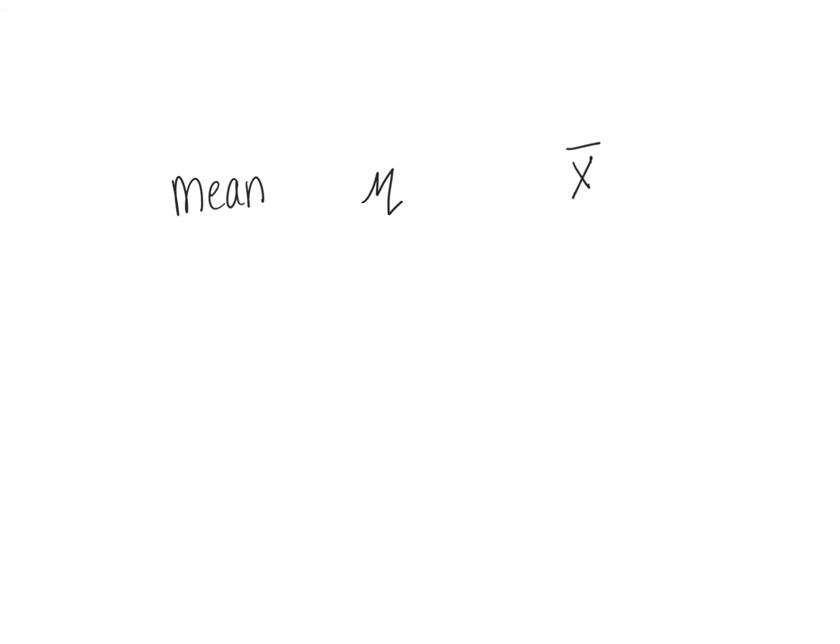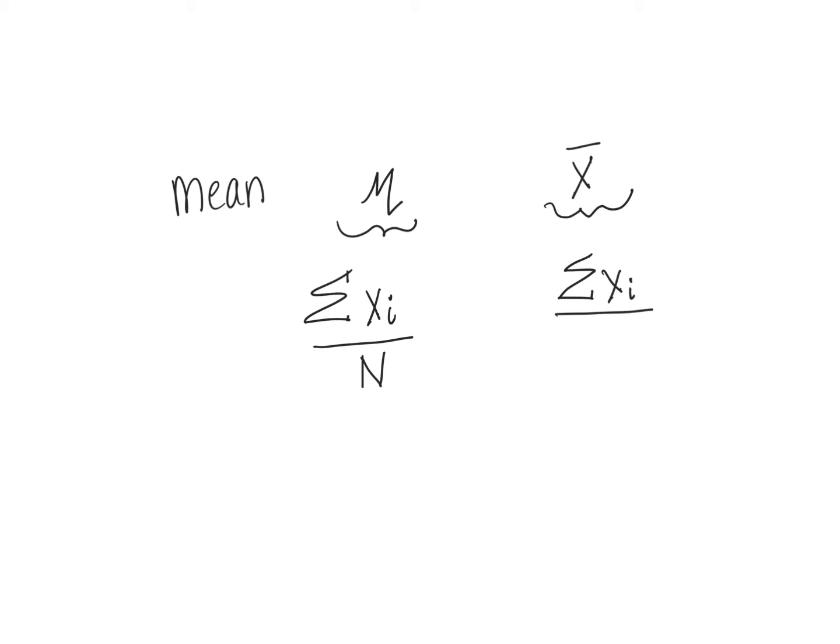The mean, regardless of whether it's the total population or a sample, is the sum, that's this symbol we use here, of all the data points divided by the total population size n. Same exact notation over here for the sample mean.